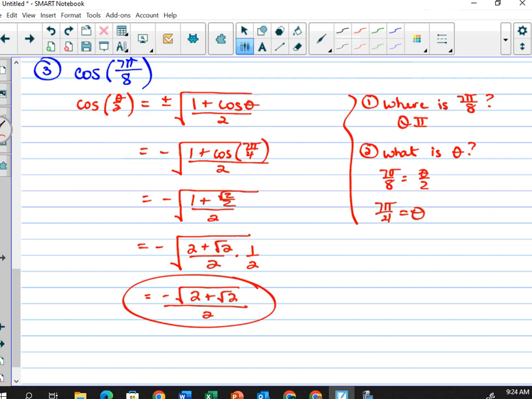In the denominator, the negative is still there. Taking the square root of 4 is just 2. It doesn't create another negative. If you put a negative in the denominator, you turn the whole fraction positive.